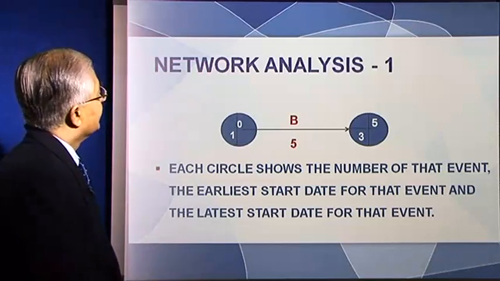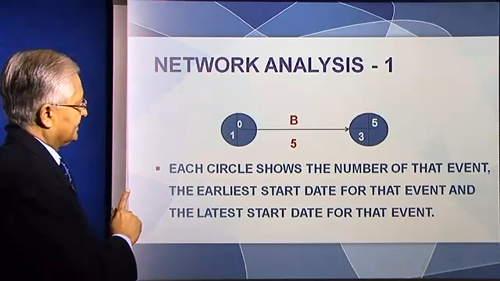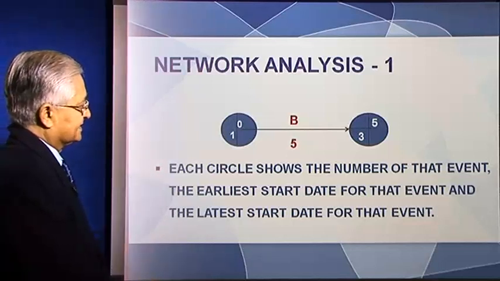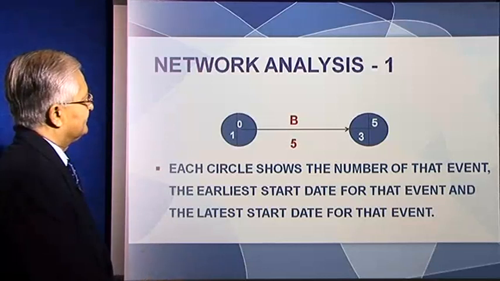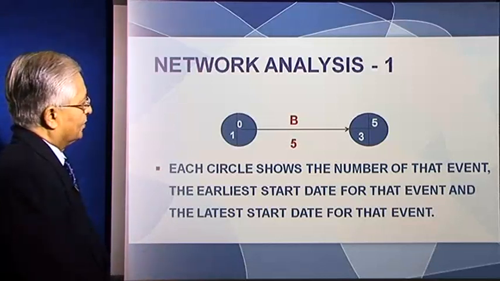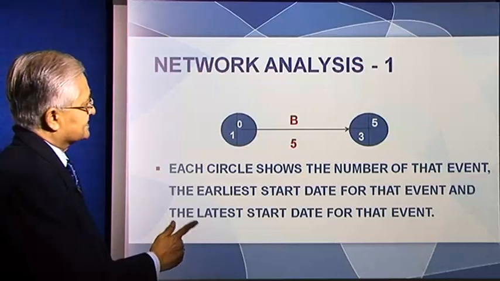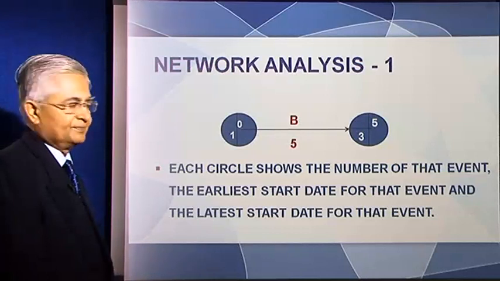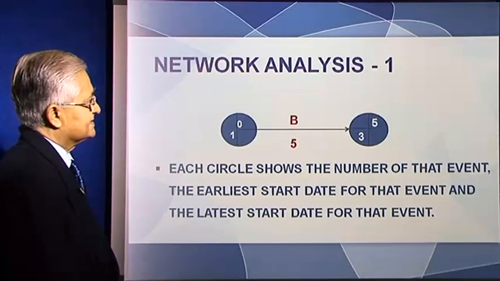For instance, the project starts at 1. Event 1 is where the project starts, the first circle. Now B takes 5 months. So what is the earliest you can reach the second circle? 5. Clear? The earliest you can reach the second circle is 5.